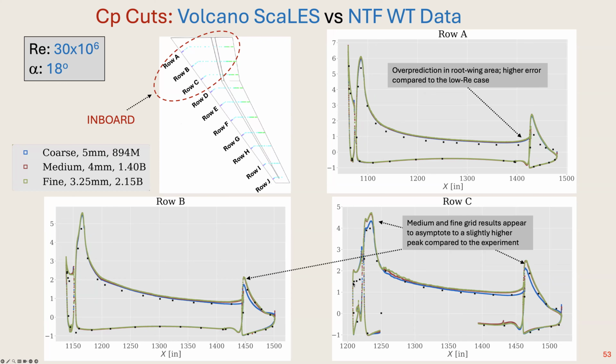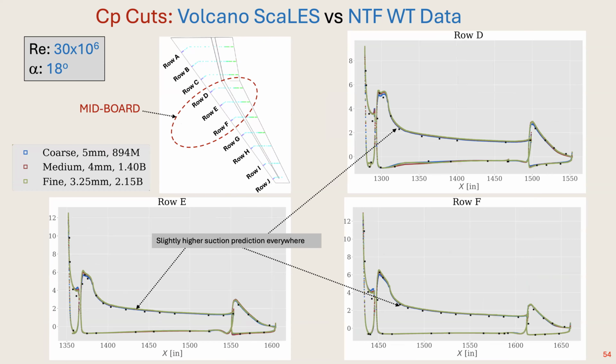This CP difference between CFD and experiment is an indication, and it might be due to an angle of attack difference of 0.5 to 1 degree between CFD and wind tunnel. Maybe the wind tunnel test article deformed slightly. That could be a reason, but it's a guess right now. It needs to be verified.